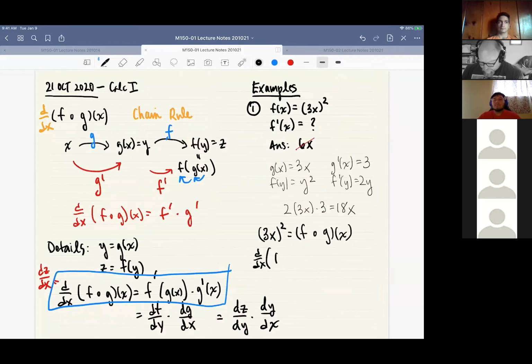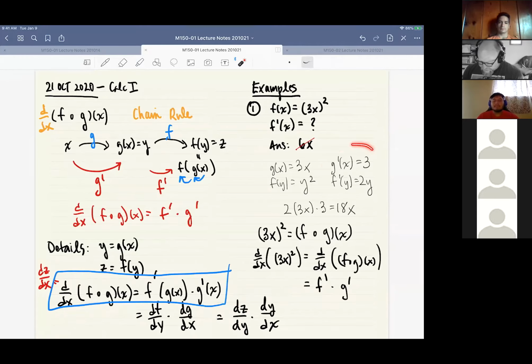And then the derivative of the composition by the chain rule is the derivative of the first function, the f, and I'm just going to write the derivative of g.